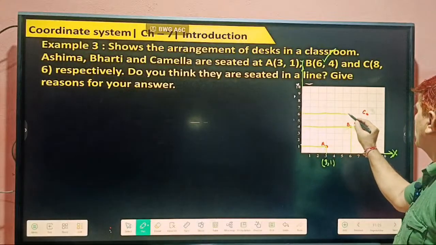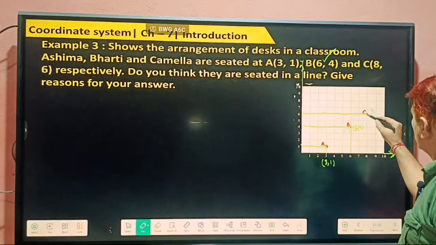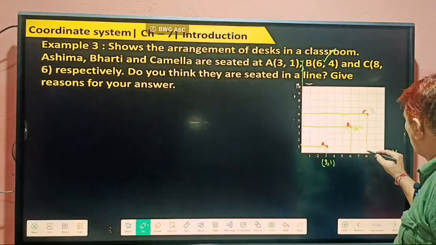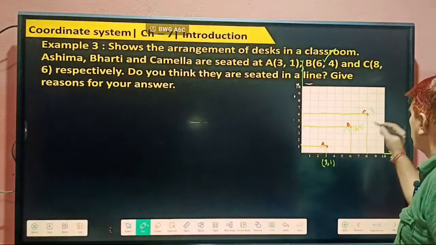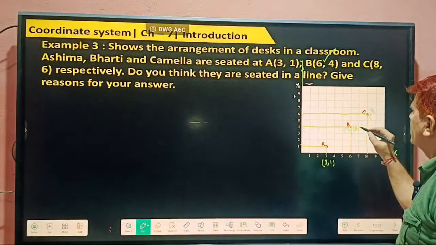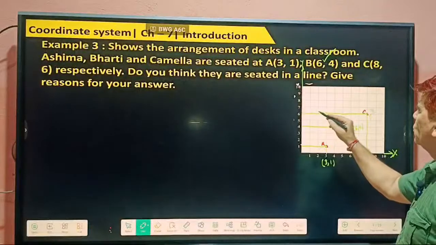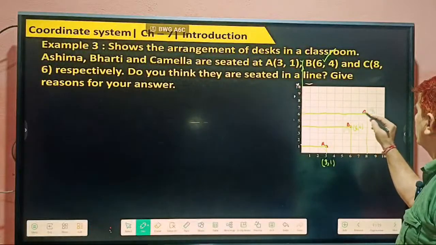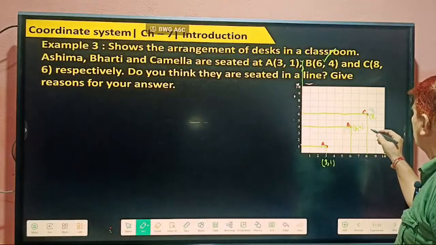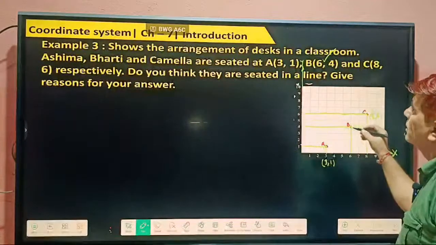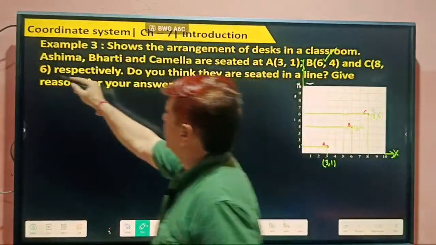Its distance from the y-axis is the x coordinate: 1, 2, 3, 4, 5, 6, 7, 8. 8 is there. And here 1, 2, 3, 4, 5, 6. This is 6. Check one time.